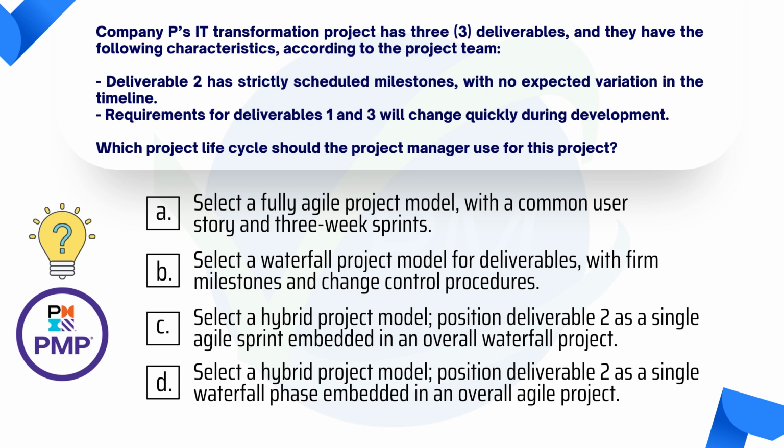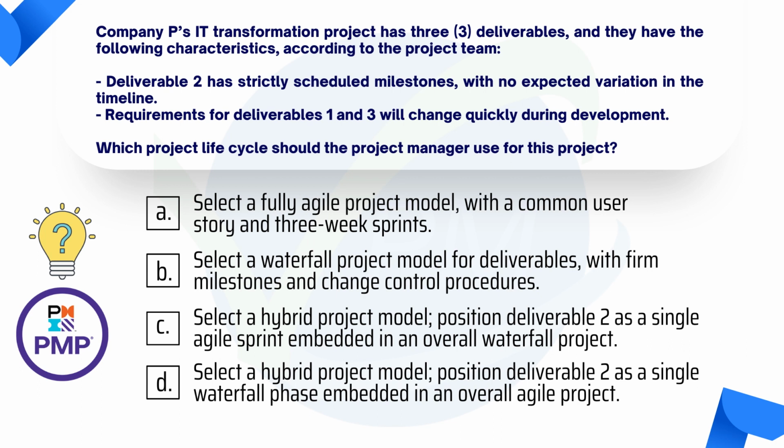Is it A, select a fully agile project model with a common user story and 3-week sprints? B, select a waterfall project model for deliverables with firm milestones and change control procedures?